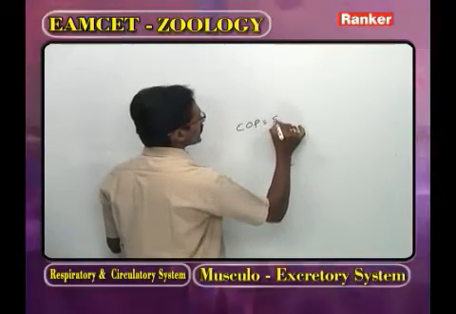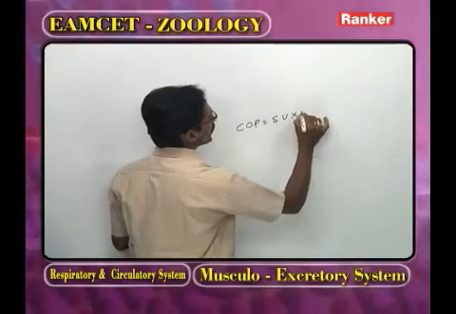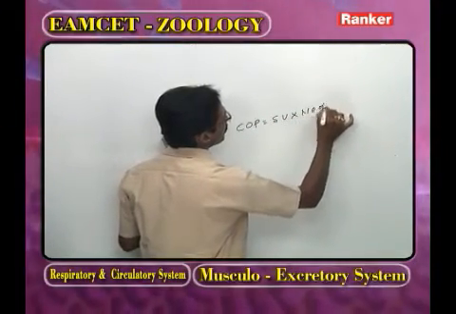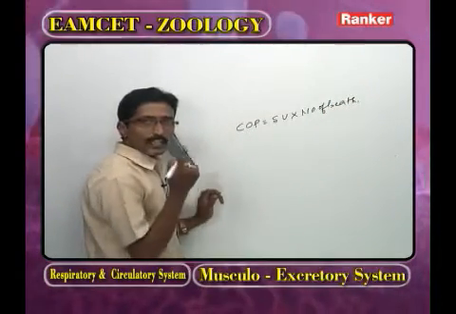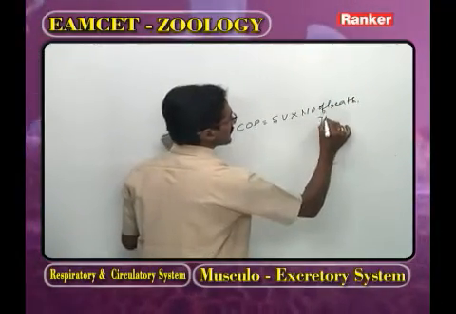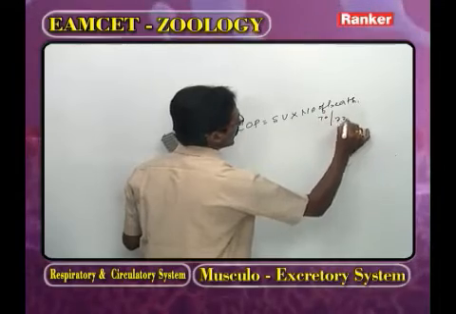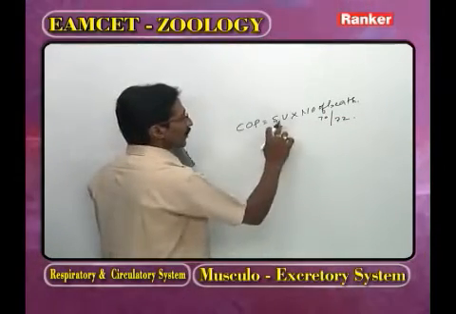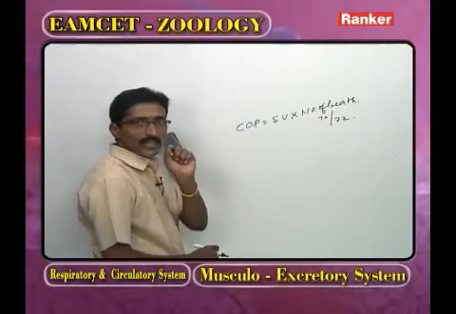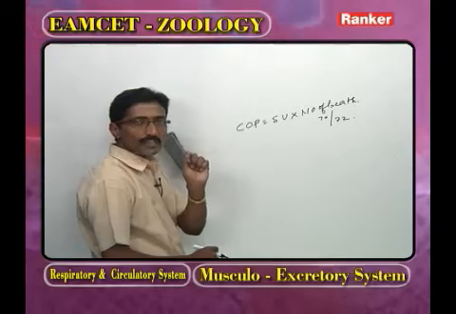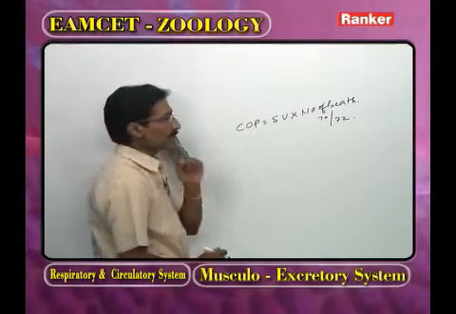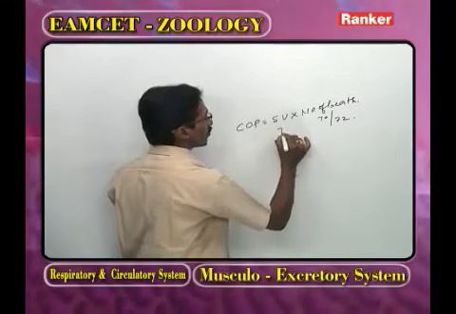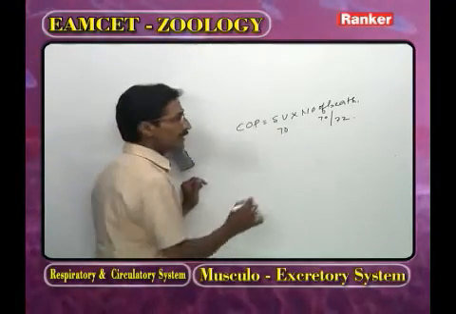Cardiac output is equal to stroke volume into the number of beats. Generally the number of beats per minute is 70 or 72. Now what is the stroke volume? The amount of blood pumped by a ventricle. Number of ventricles is 2. Each ventricle pumps how much blood? 70 ml.